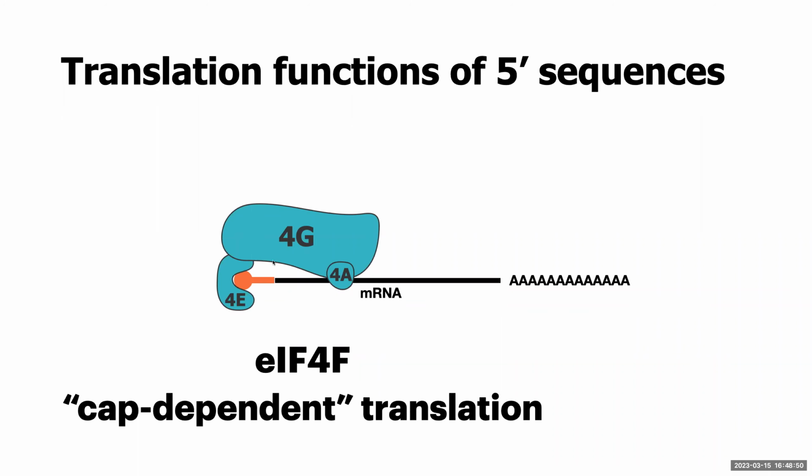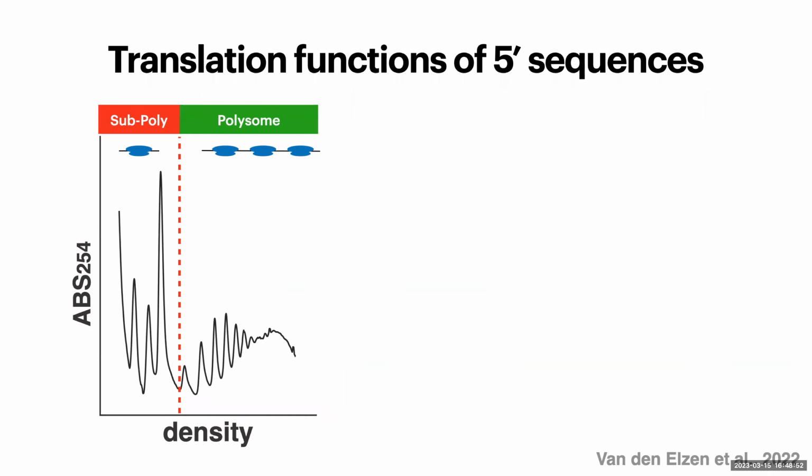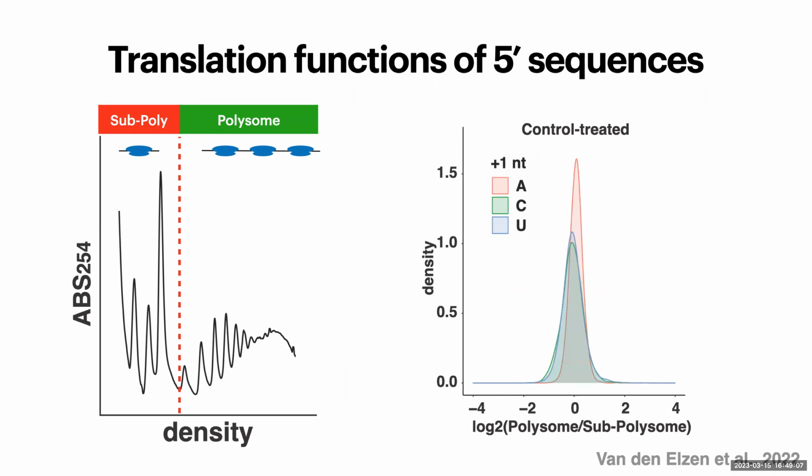impact its function. To test this, the approach we took was to put our library back into cells and then run cell extracts over sucrose gradients to isolate polysome-associated RNA and subpolysome-associated RNA. When we analyzed these results, they were actually quite disappointing. We found that there really weren't any striking translation differences between specific sequences in our library.